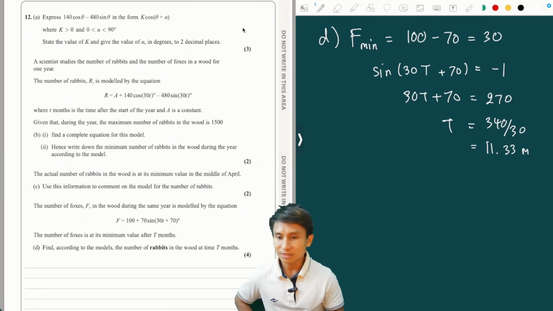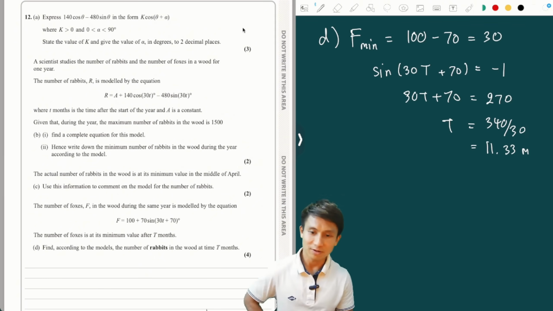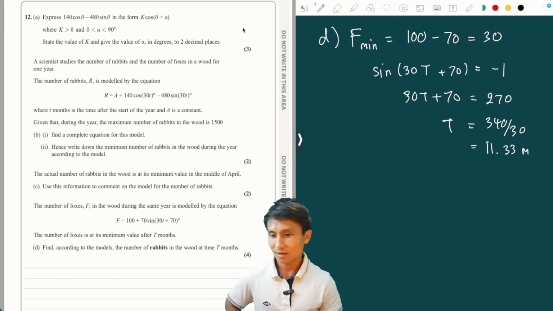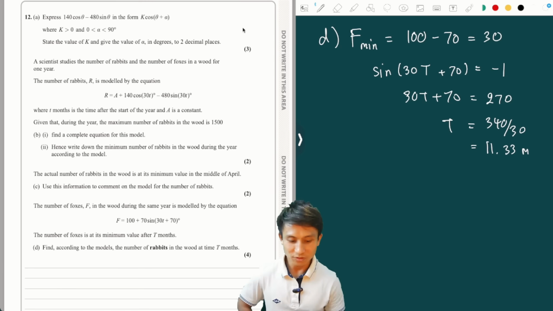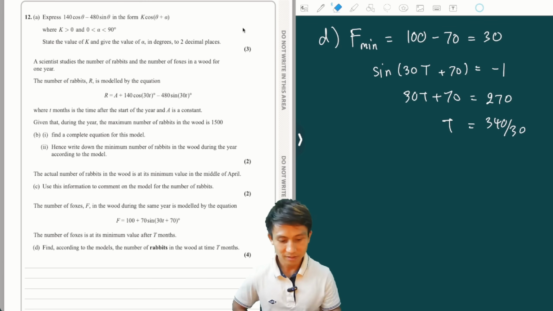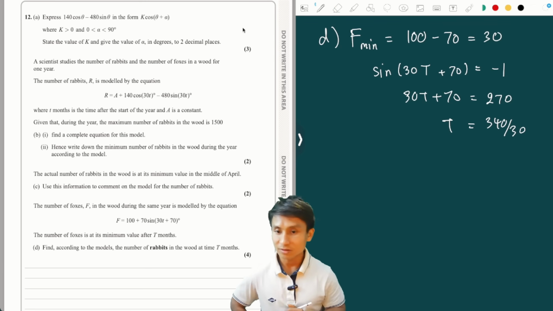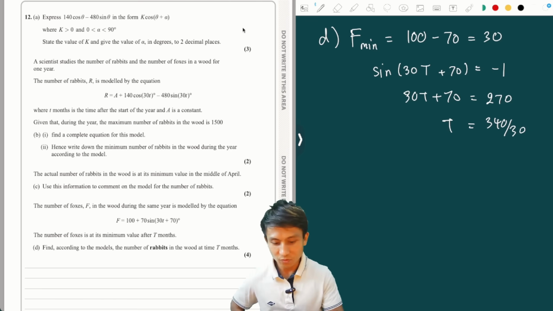The number of foxes is at its minimum value after t months. Finding, according to the model, the number of rabbits in the wood at time t months. So we're just going to use that value of t to substitute in the previous model. So rabbit at t equals that. I'm just going to simplify as 34 over 3 here.